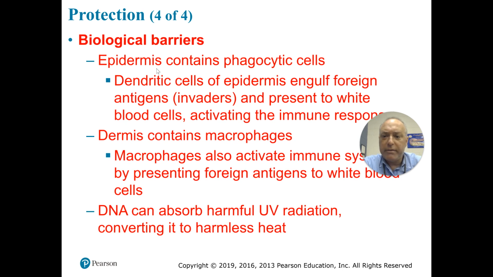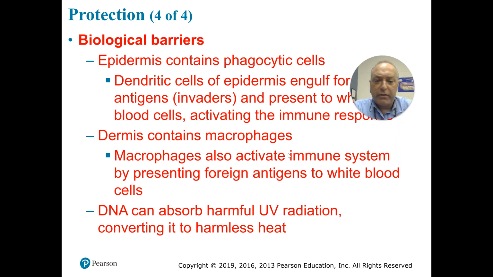So the biological barriers, epidermis contains phagocytic cells that engulf invaders. The dermis contains macrophages, which are part of the immune system and present all sorts of antigens. And then there's a lot of DNA, which serves to absorb some of this UV radiation that comes in.